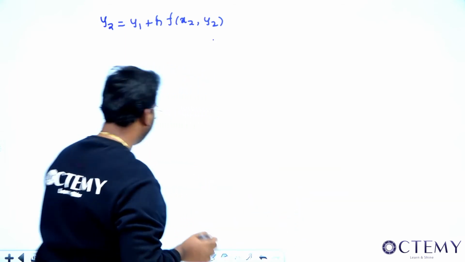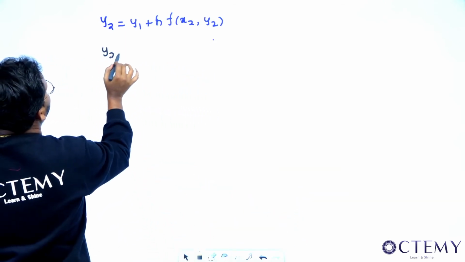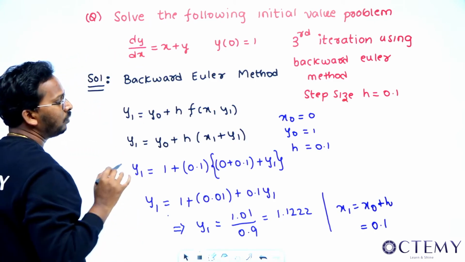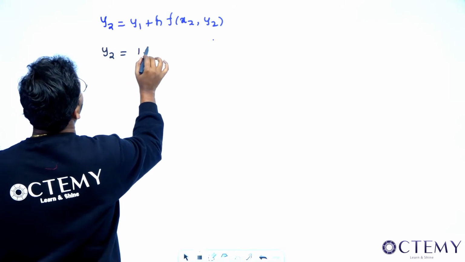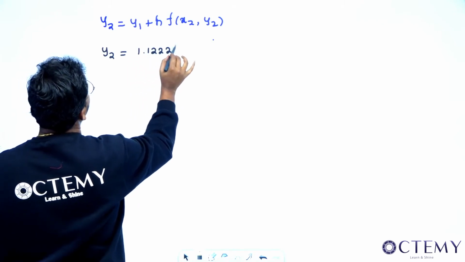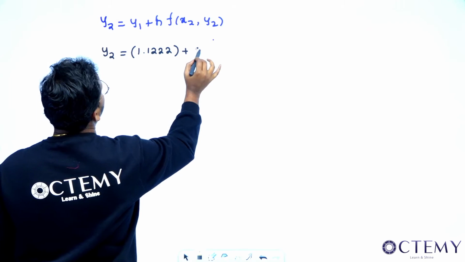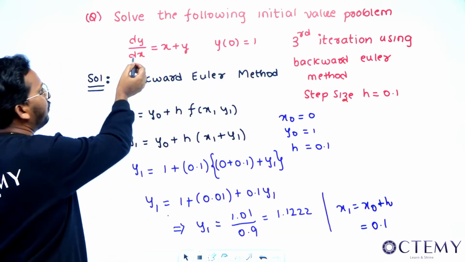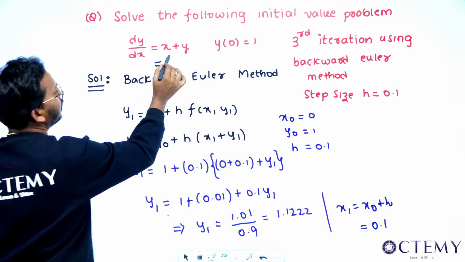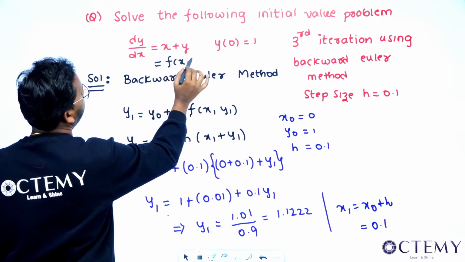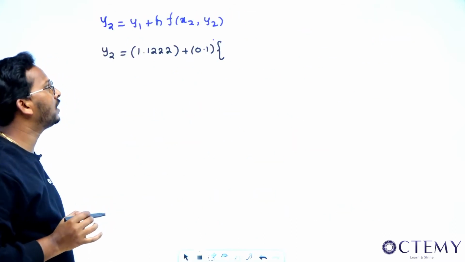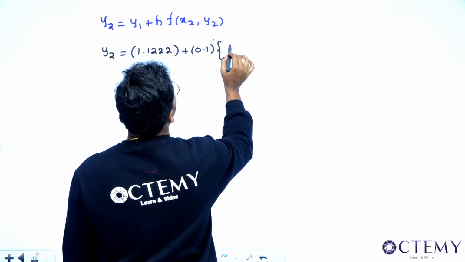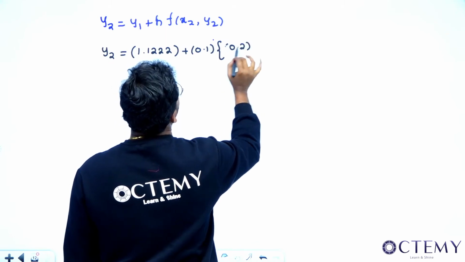So from here you will get y2 = 1.1222 plus 0.1 times (x2 + y2), because this is f(x, y), sir. So that is x2 plus y2. What is x2, sir? x2 is 0.2, sorry.